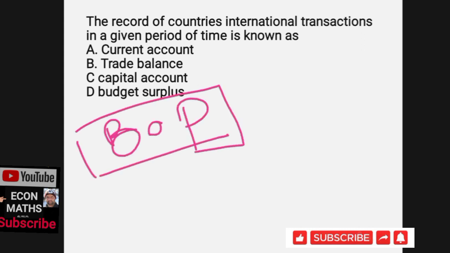But since no option here is balance of payment, I don't think any option is correct. I leave it to you. What do you say, what is the right answer? I am not sure. But balance of payment is actually the record of countries' international transactions in a given period of time.